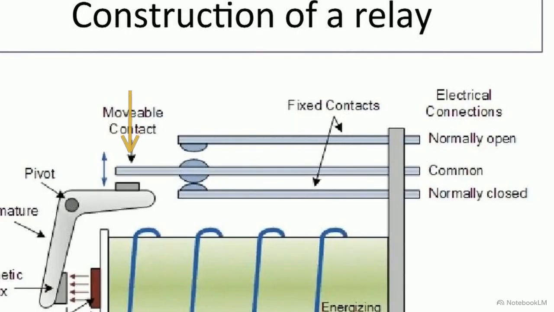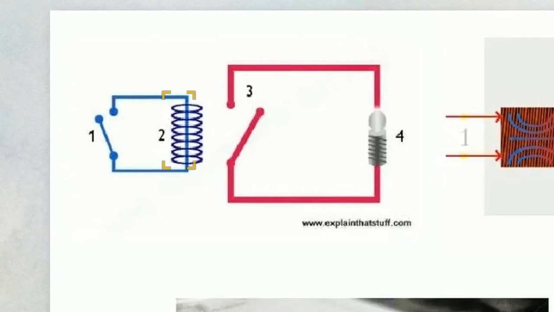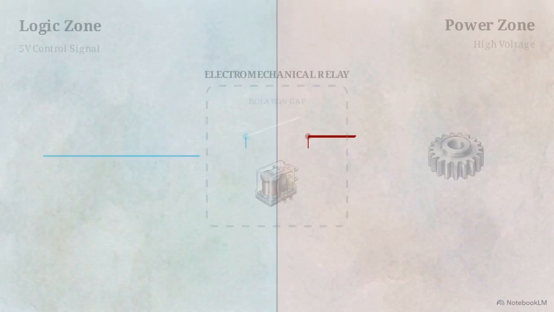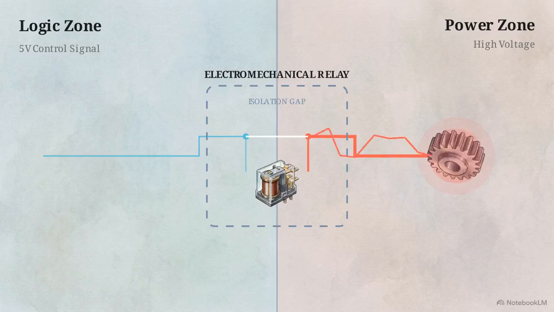When reading schematics, you will see this physical relationship represented abstractly. The coil symbol, labeled 2, acts as the trigger that mechanically closes the switch symbol, labeled 3. The relay acts as an isolating barrier, allowing delicate digital logic to command massive industrial power without risking electrical feedback that would destroy the computer.